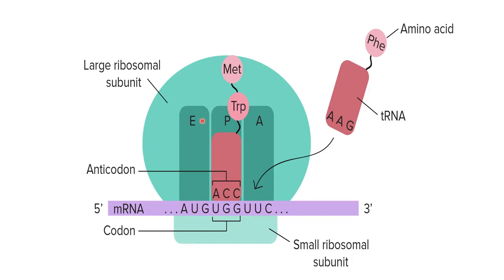So that methionine will detach from that initiator tRNA and will get attached here with the tryptophan by making a peptide bond. This peptide bond will be formed between these two amino acids. Which enzyme is catalyzing it? That is peptidyl transferase.